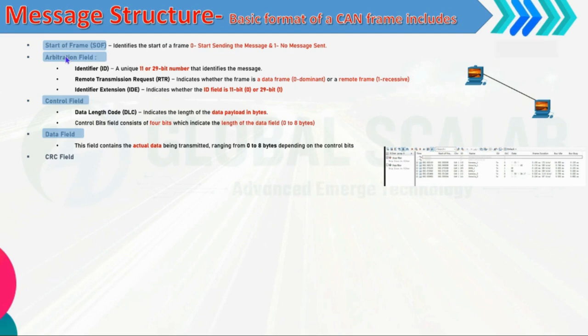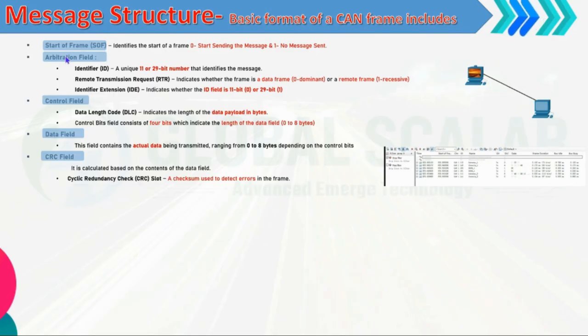And we have the CRC field. The CRC field is the cyclic redundancy check. It is specifically used for error checking, so that the messages will be efficiently transferred. It is calculated based on the content of the data field.